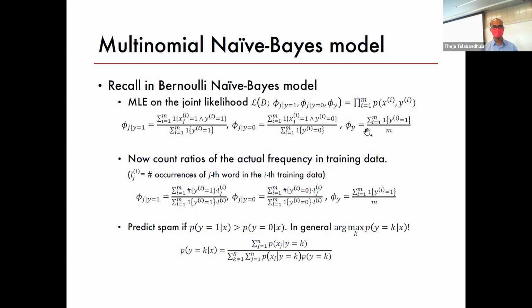So this P of y will be the same as before, but Pj given y equals 1, let's say class 1, is just going to be the number of times, so the examples which are, let's say, regular, and then out of the regular ones, how many times did this word appear. And then whenever you're doing that, you also have to divide by how many times any of the words did appear in that example. So there's a weighted averaging going on, with Lj and L factoring into the numerator and denominator.